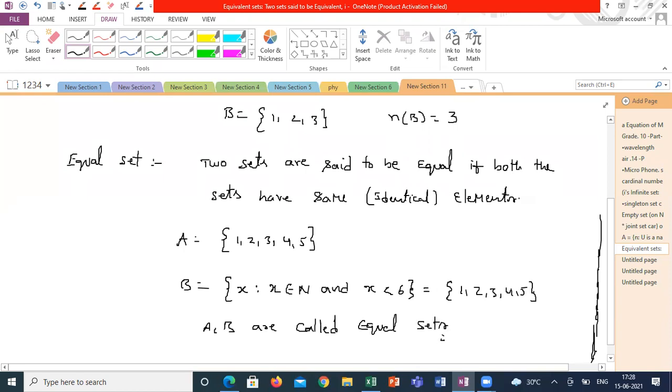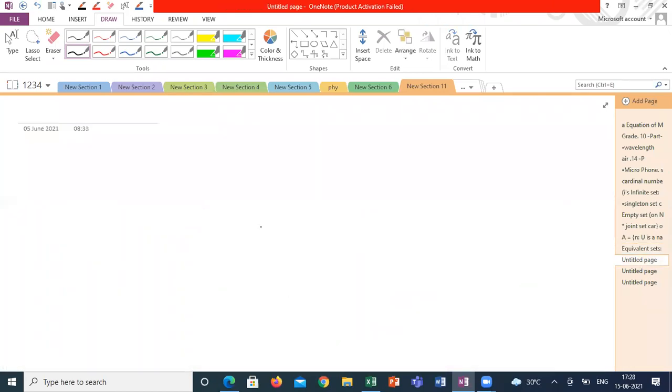Guys, is it clear? The difference is that all equal sets are equivalent, but all equivalent sets are not equal sets. Am I right? All equivalent sets are not necessarily equal. All equal sets are equivalent.